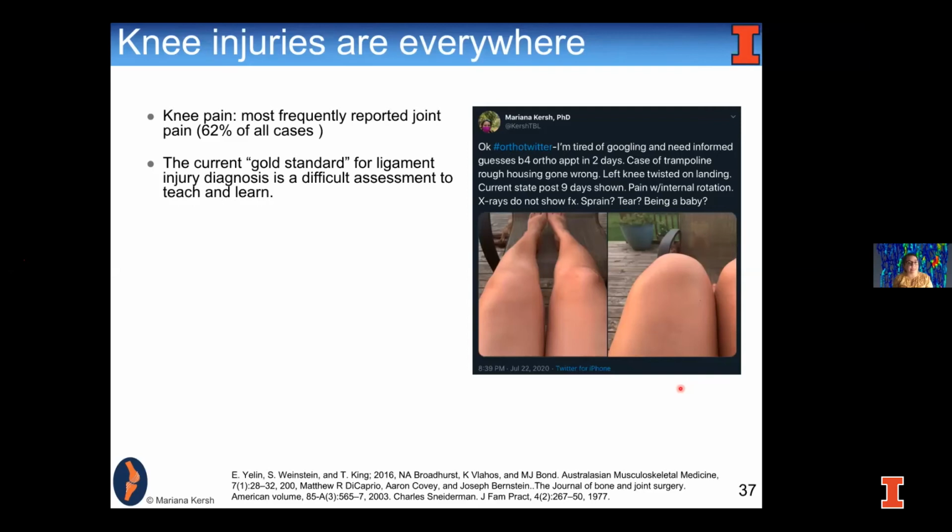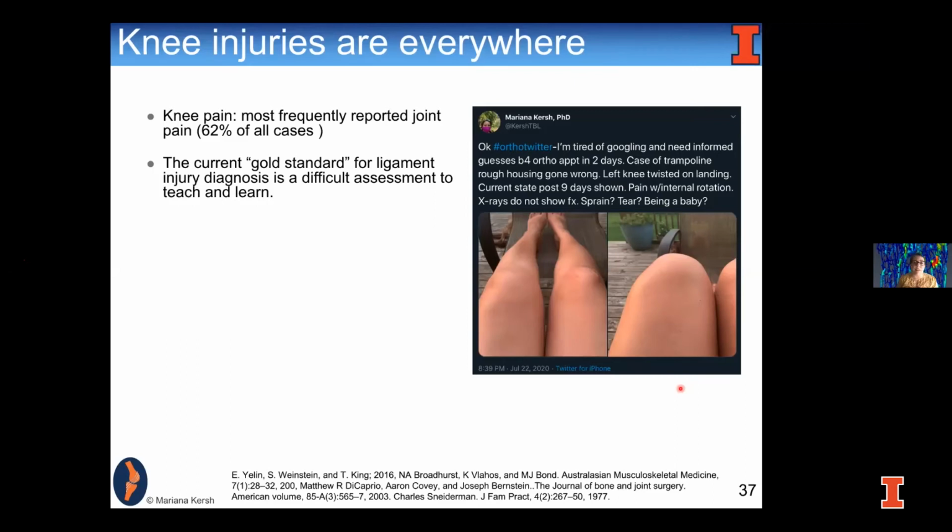And the current standard for detecting a knee injury is difficult to assess, and it's difficult to teach and to learn. And so while our primary care doctors are usually our first point of call before we get a referral to orthopedics, they are still a little bit hampered by the inability to necessarily perform the procedures properly, and hence the referral to orthopedics to confirm a diagnosis.